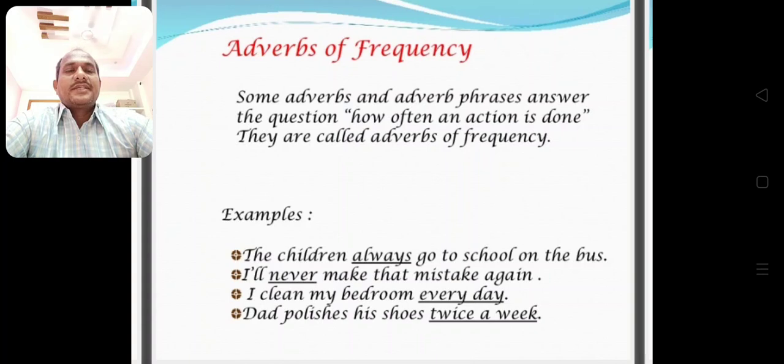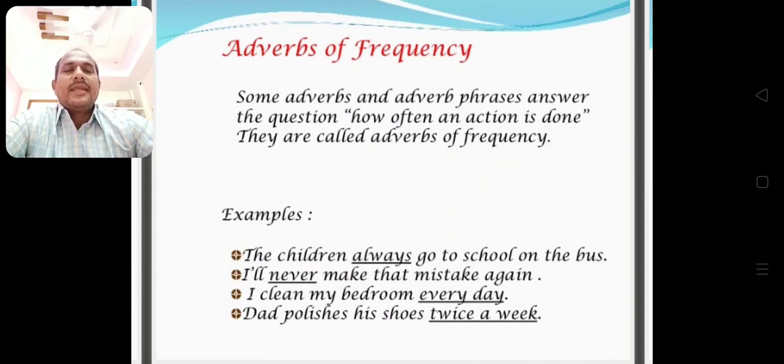You see the examples. The children always go to school on the bus. How often is the action done here? Always. I'll never make that mistake again. How often is the action done here? Never.